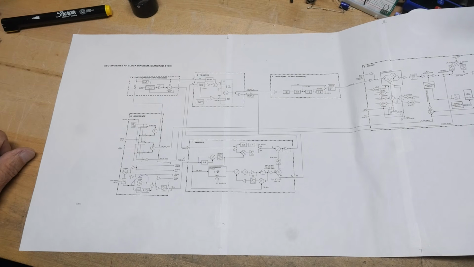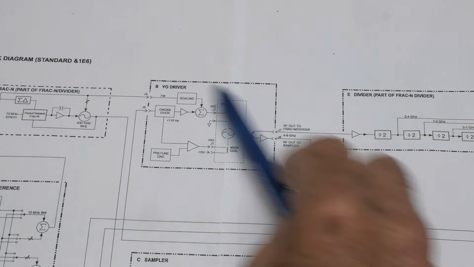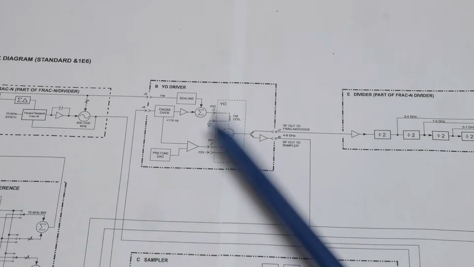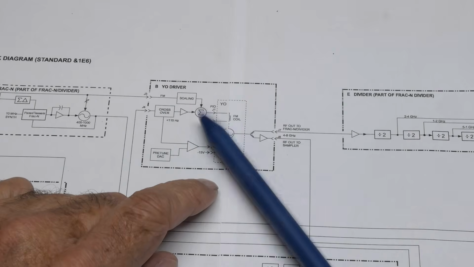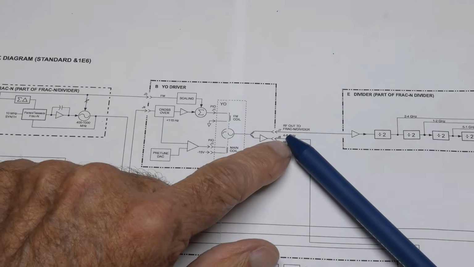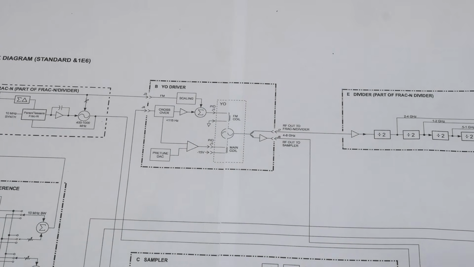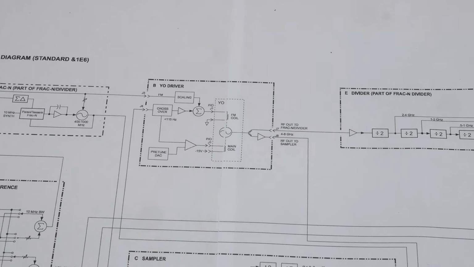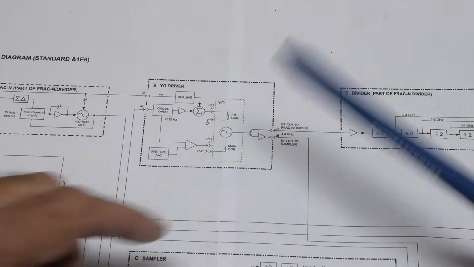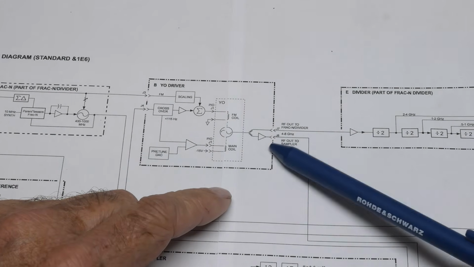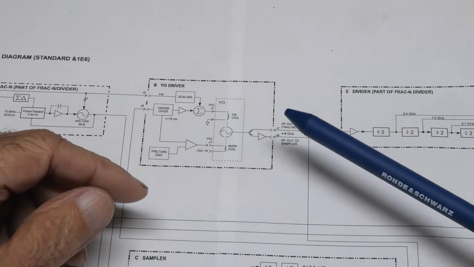So there's a couple of things you need to know before we dive in too deep, and that is, let's talk about the YIG oscillator. The YIG oscillator is variable between 4 gigahertz and 8 gigahertz. And you say, wait a minute, this is a 0 to 4 gigahertz machine. How come the YIG goes from 4 to 8? That doesn't make any sense.